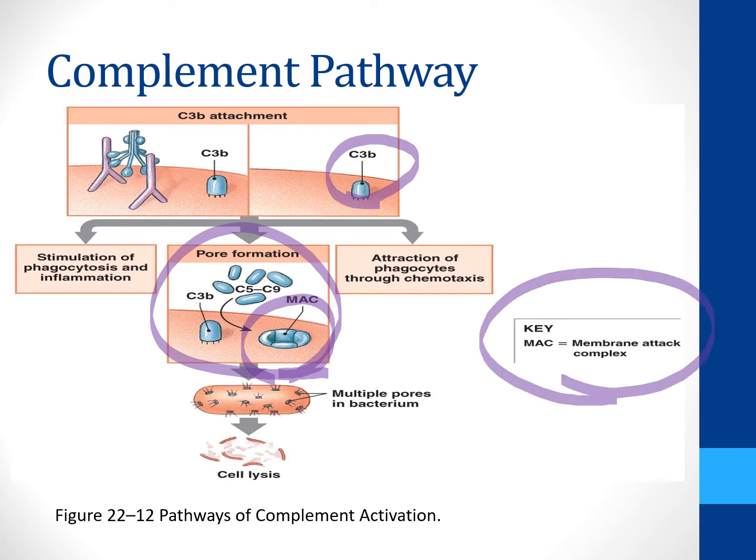You can see that over here. And they form pores within the cell membranes of the pathogens, and then that's going to lead to cell lysis. So the complement pathway, C3b, is for opsonization. Membrane attack complexes are for creating those pores and leading to cell lysis.